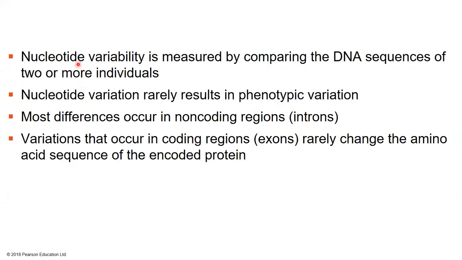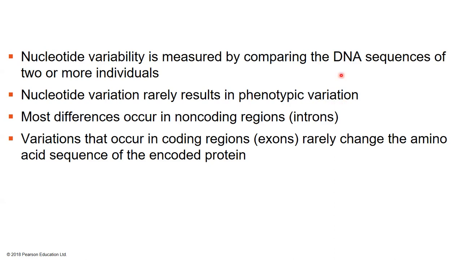Now, for nucleotide variability, here we're comparing DNA sequences. So we are looking at the differences at the level of the nucleotide sequence. Okay. Sometimes a nucleotide variation might not lead to a genetic variation, which might not result in a phenotypic variation.